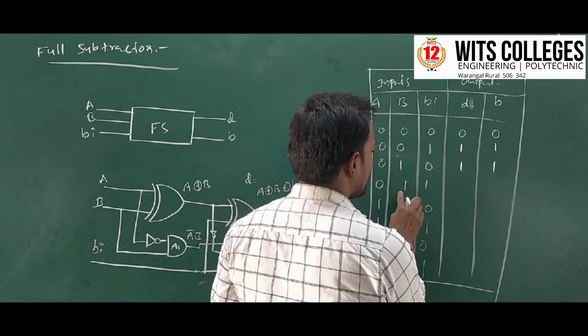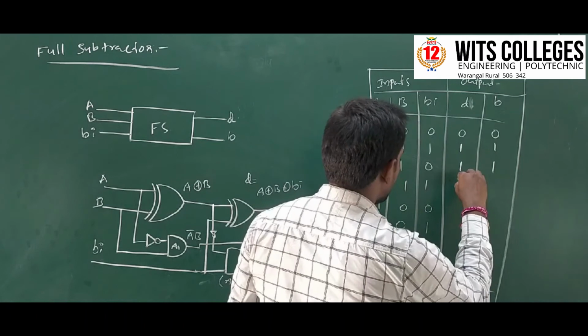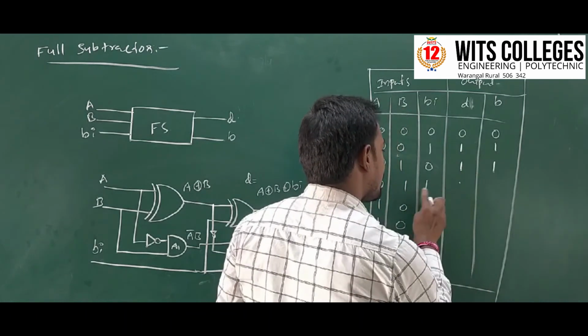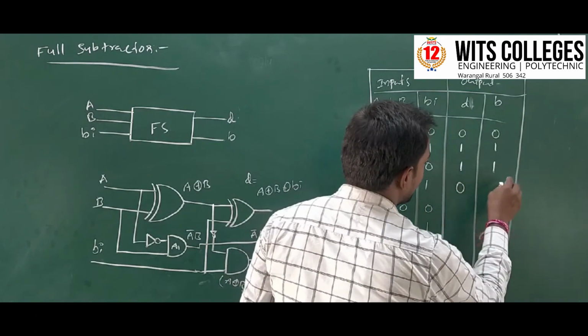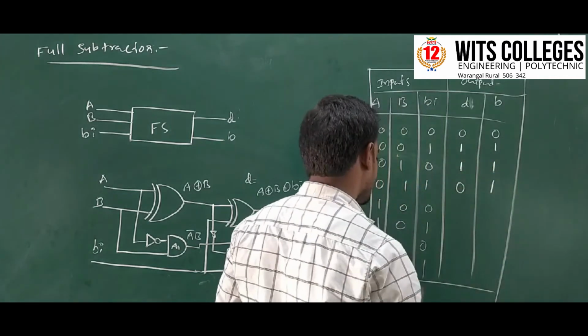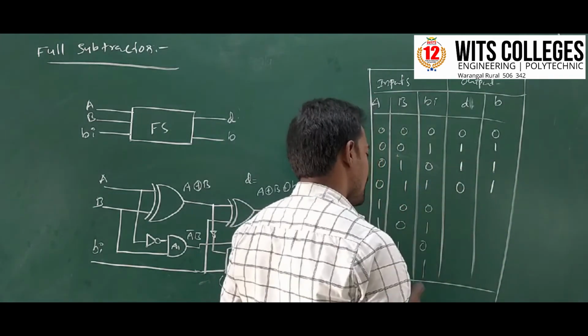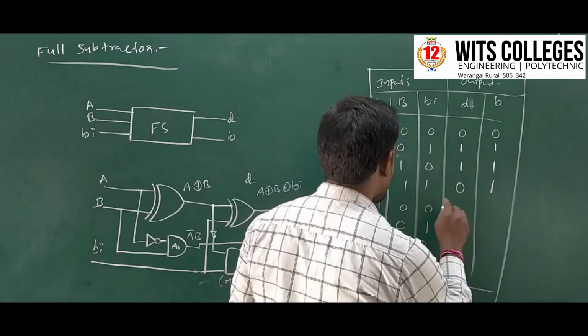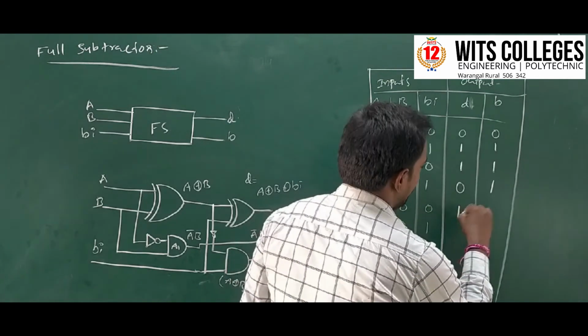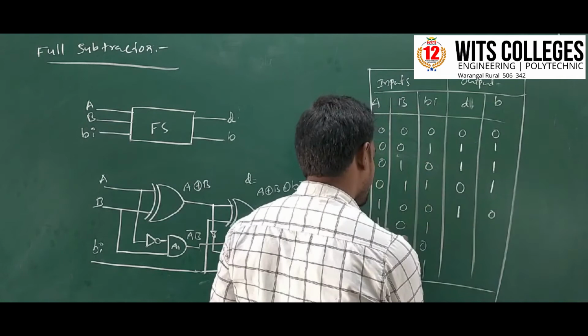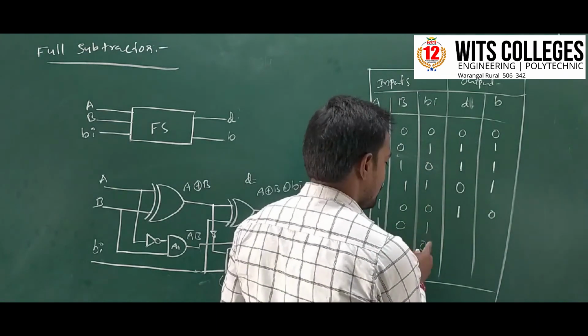Okay, 0 minus 1 minus 1 gives difference 0, and here we have a borrow 1. Okay, 1 minus 0 is equal to 1, and borrow is equal to 0.